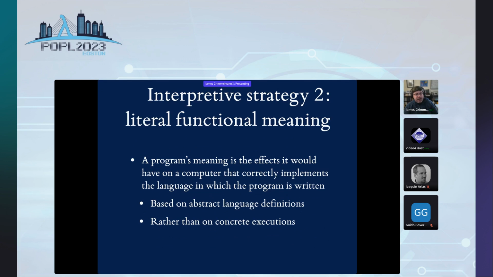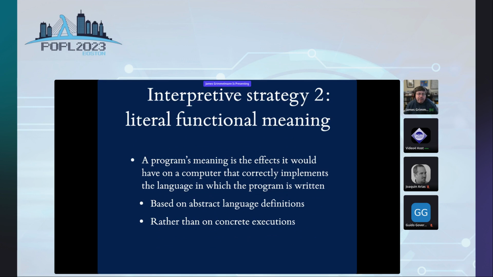This is based upon the abstract definition of the language and of programs written in it, rather than on concrete executions on specific computers. And this solves the problem of hardware failures. It deals with the problem in which the cosmic ray flips bits in memory. It says that those were incorrect. The meaning is what it means according to the abstract definition of the language.